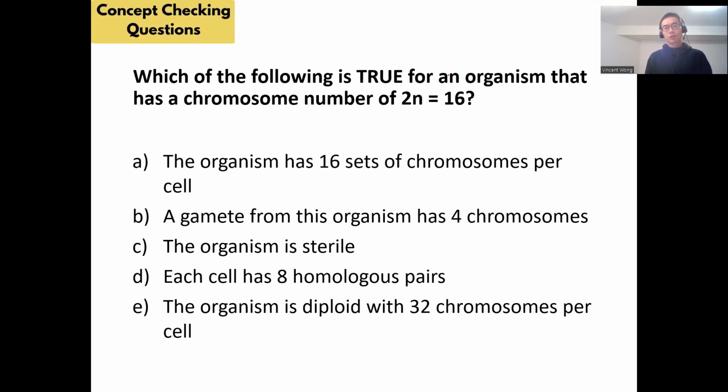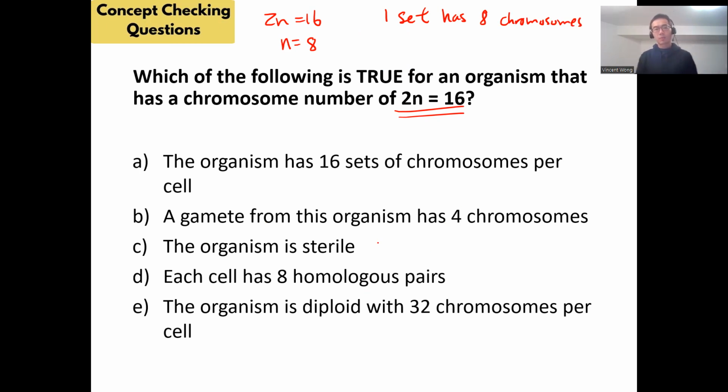Which of the following is true for an organism that has chromosome number of 2n equals 16? 2n equals 16 means n equals 8. So one set has 8 chromosomes. That's what this means, right?